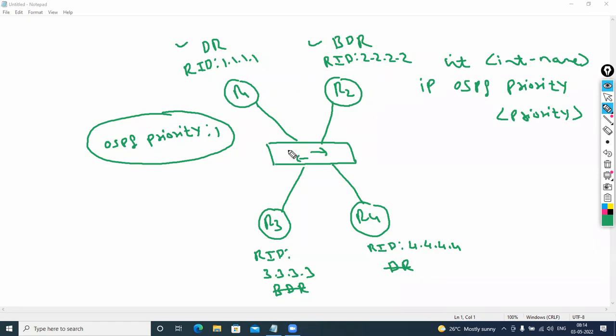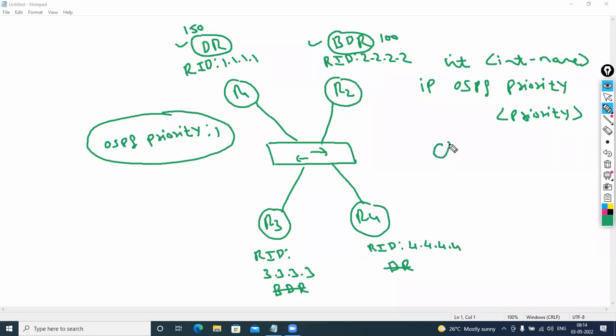And one thing more: whichever router comes first will become the DR, when the election takes place. After the election only, they will elect the DR and the BDR. So if you want to do a re-election, let us consider I changed the priority of the DR to 150 and the BDR to 100.